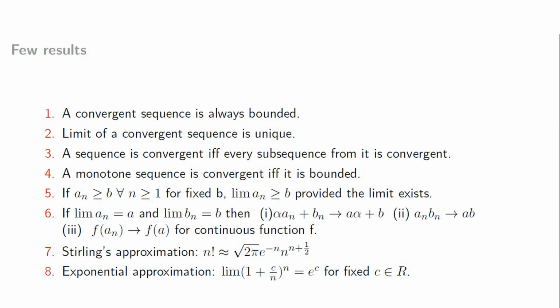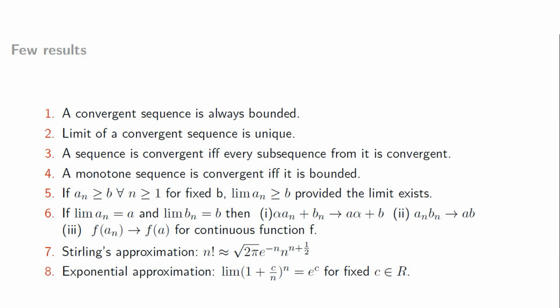A monotone sequence is convergent if and only if it is bounded. This is the well-known monotone convergence theorem of sequences. And there are some other relations, like if a sequence a_n exceeds some constant b for every n, then if the limit exists, the limit of a_n must also exceed this b.